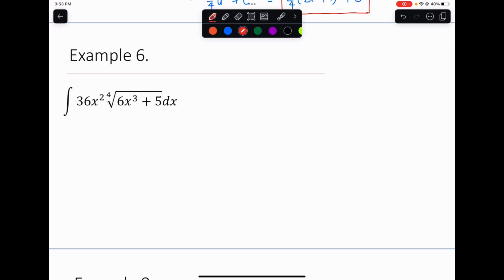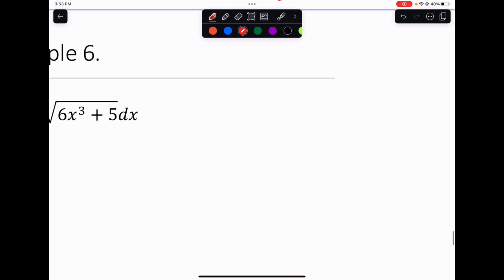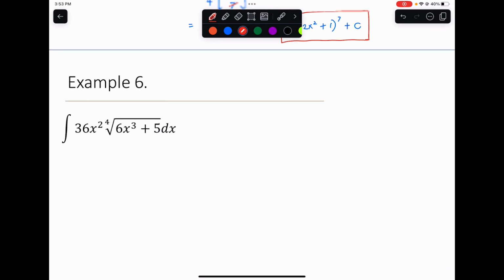So what are we going to do? Similarly, we're going to transform this one into this format, the integral of u raised to n du. To do that, first, I'll move out 36, which is the constant, and then we have the fourth root.